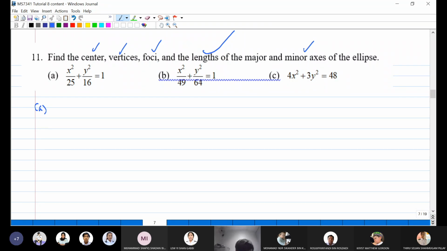So the equation of ellipse is something like this: x squared over a squared plus y squared over b squared equal to 1. Okay, this is the standard equation of ellipse.